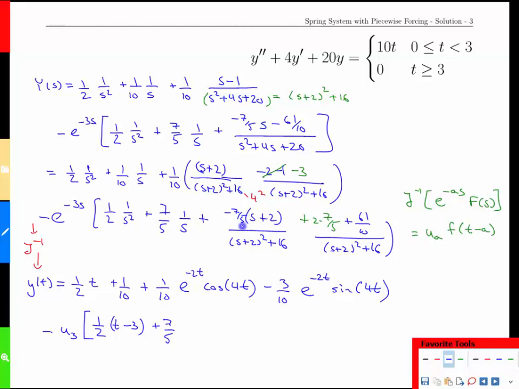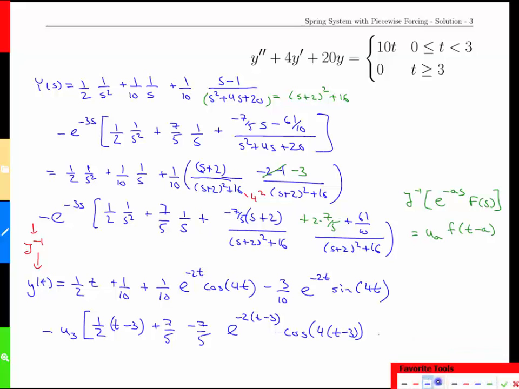Then we've got these complicated ones here, but they're not too bad because we've done the similar versions earlier. We know the transform of this function here is the exponential times cos, so we're going to get negative 7/5 times e to the negative 2 times (t minus 3), because we have this step function involved, times cos of 4 times (t minus 3). And last but not least, we have this term, which requires one last little bit of work.